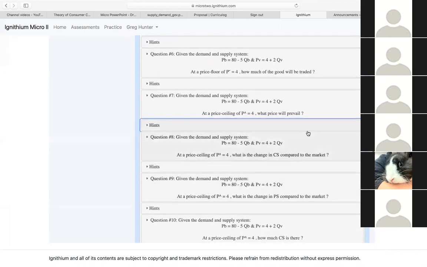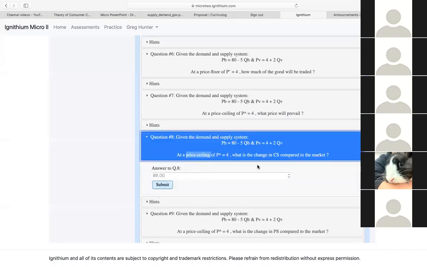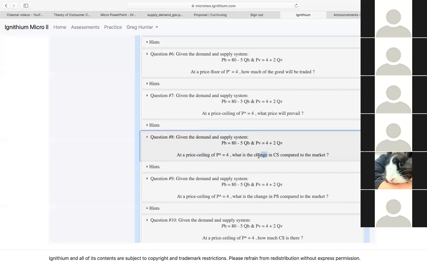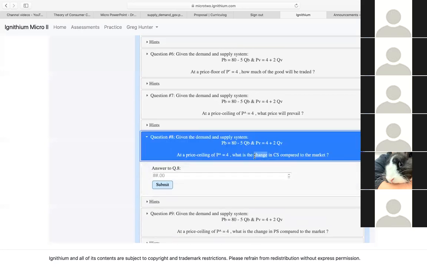So question number 8. This one is dealing with the price ceiling situation, right? It says, what is the change in consumer surplus compared to the market? So just so everybody's on the same page, it's important that it says change in consumer surplus.